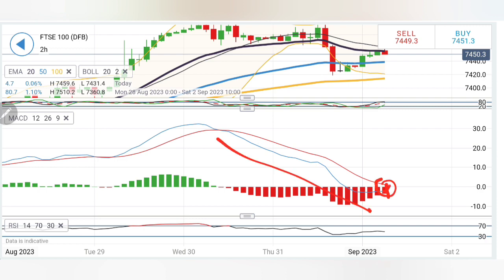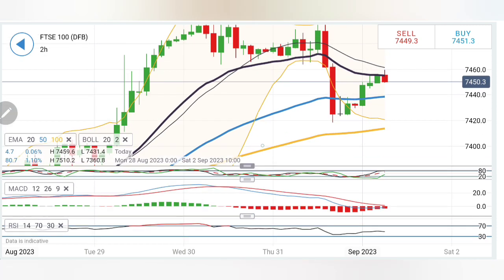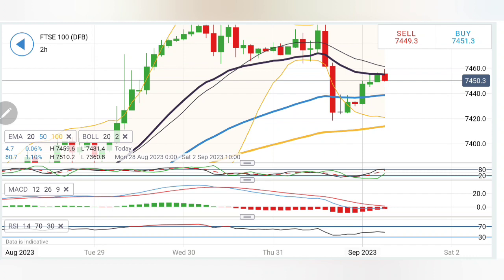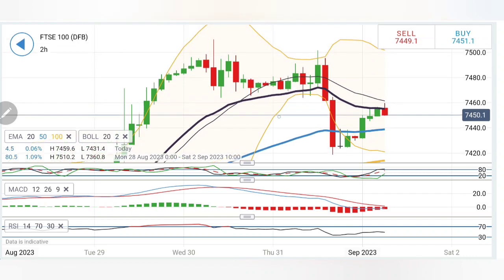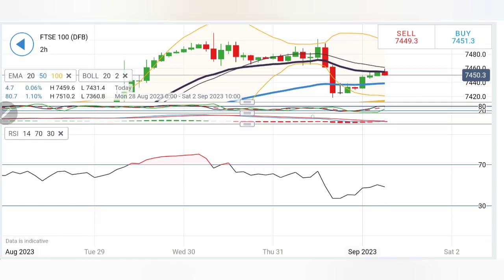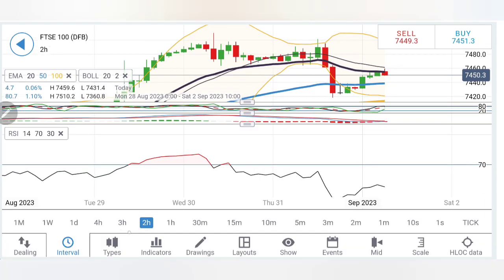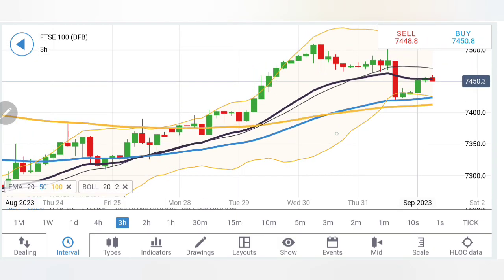It is trying to converge, and if it crosses over, that suggests possibly a move above 7460. On the upside, 7480 and 7500 are very, very good resistance here. So yes, on a move above 7460 you can buy, but as long as 7480 is not breached, you should not treat it as bullish. RSI is comfortable.